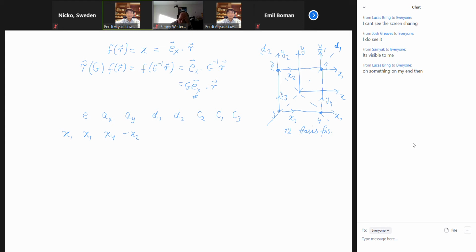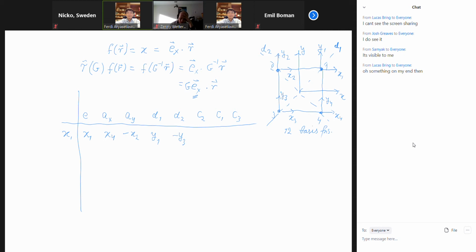So we continue. Rotation about D1. So that's about the diagonal here. Then x1 will be brought into y1. And D2 will be rotation about D2. So that will bring x1 to minus y3.